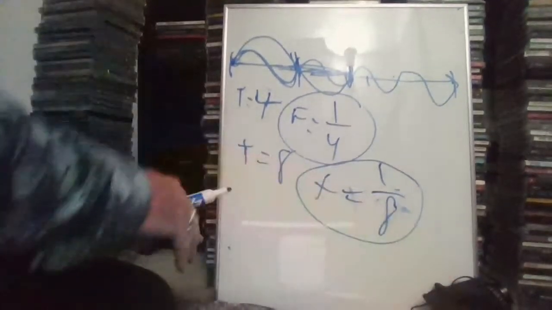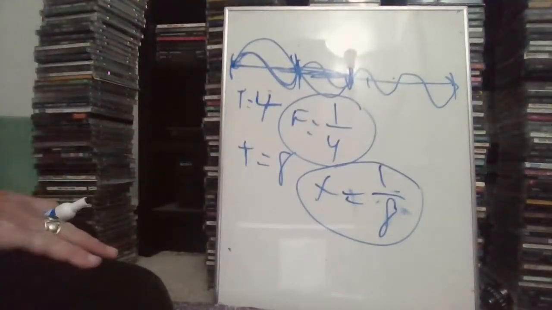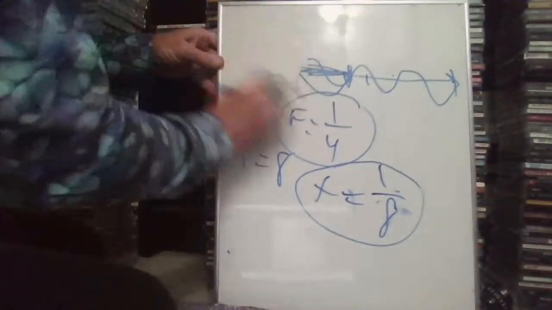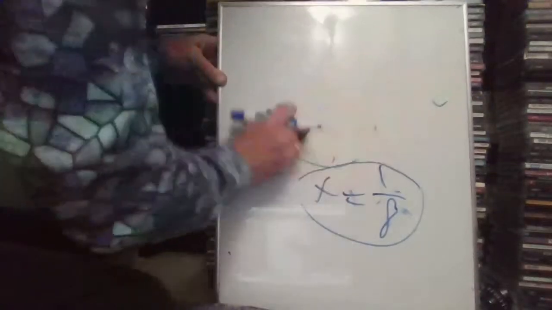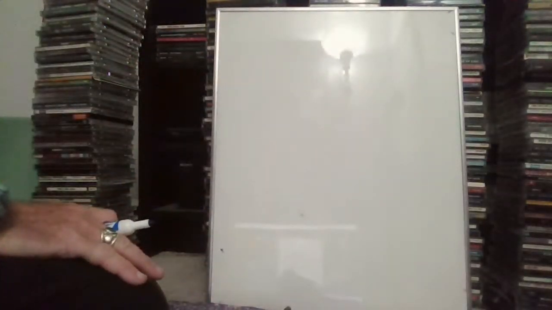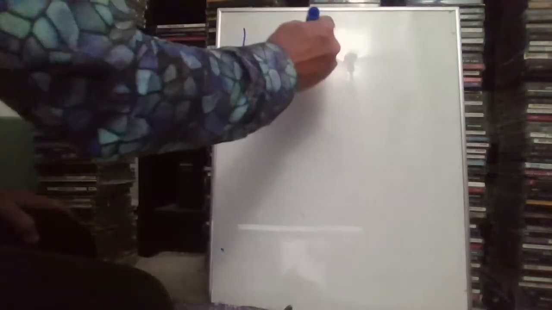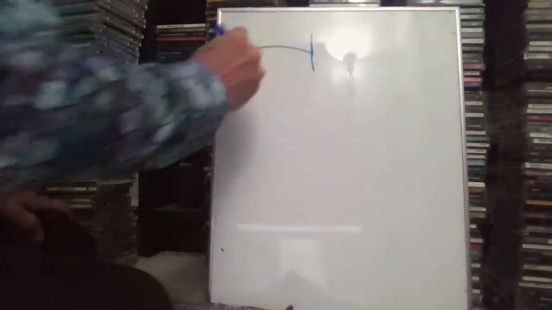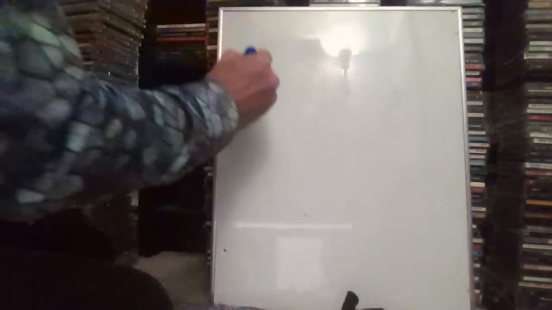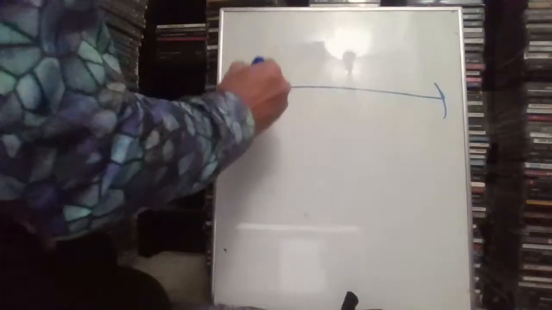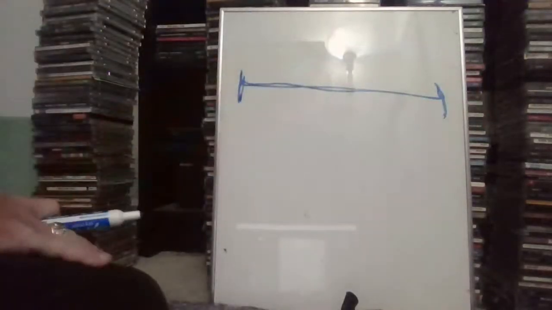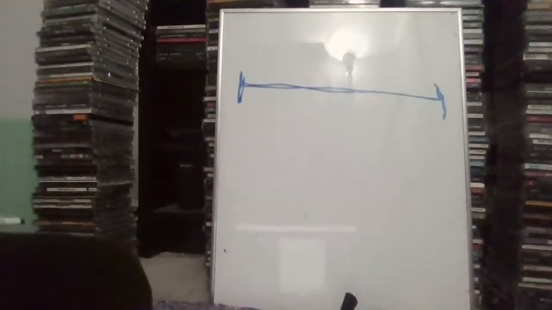So we've got some background here. Now let's have a string again. Here's our string, and here's the length of it.